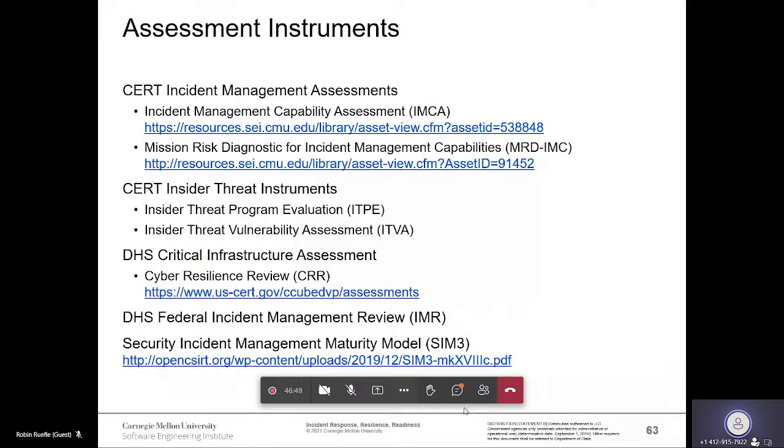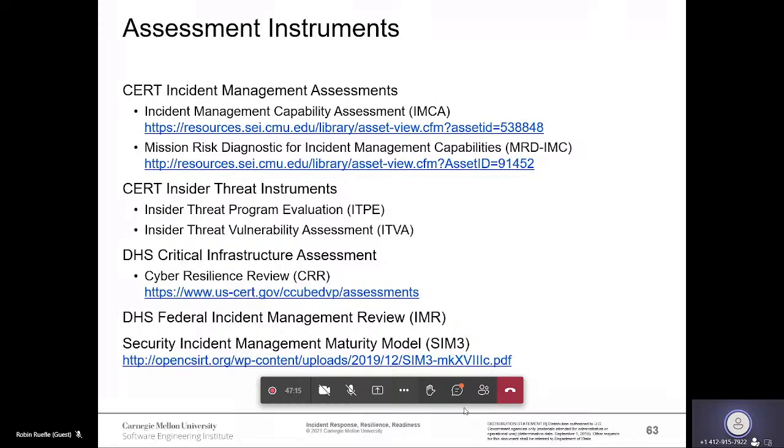Those are some of the sustainment issues. For the preparation, do you have an incident management plan? Do you have a communications plan? Have you defined roles and responsibilities? For each one of those capabilities, there are a list of indicators that you have to meet to be able to meet that capability.